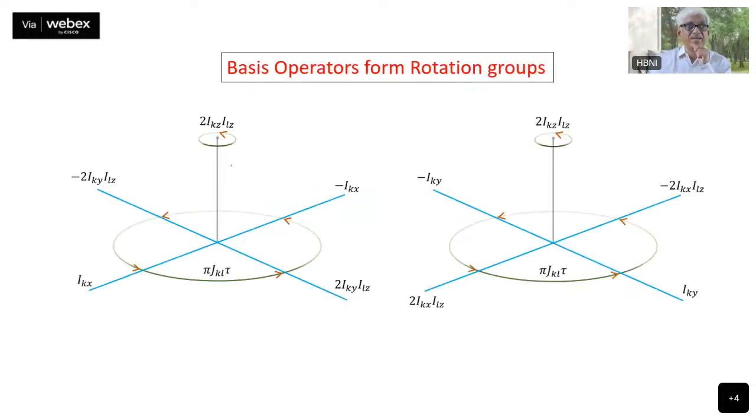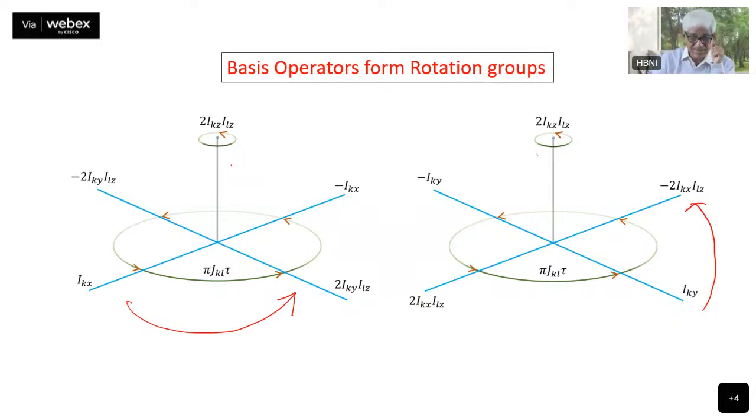The coupling Hamiltonian remains on the Z axis, so rotation around the Z axis represents it in this manner. So the one formula which was given was Kx rotating into I_kx and 2 I_ky I_lz, and I_ky rotating into I_ky and minus 2 I_kx I_lz.